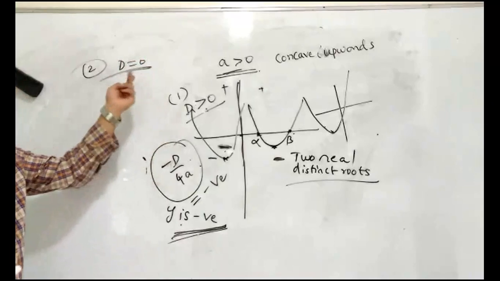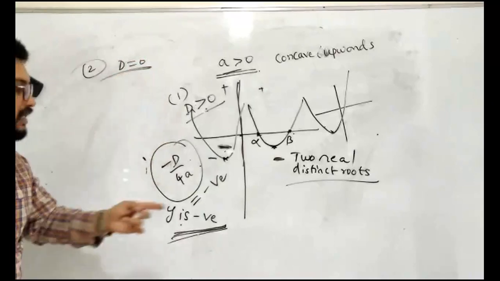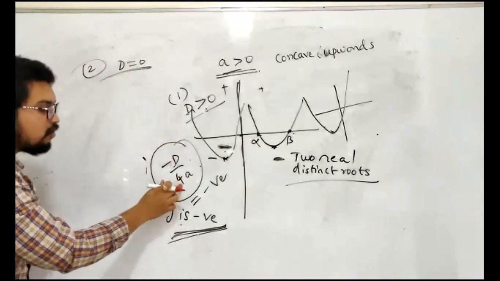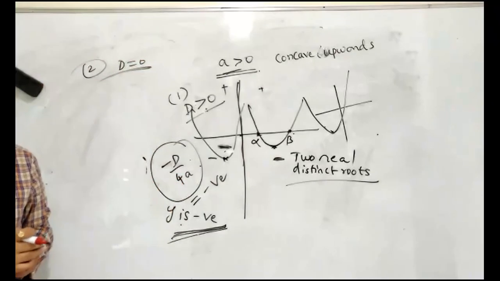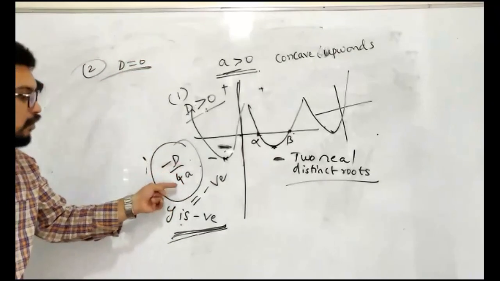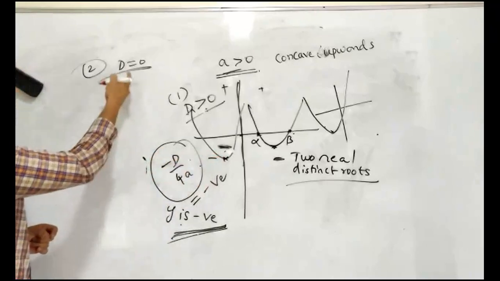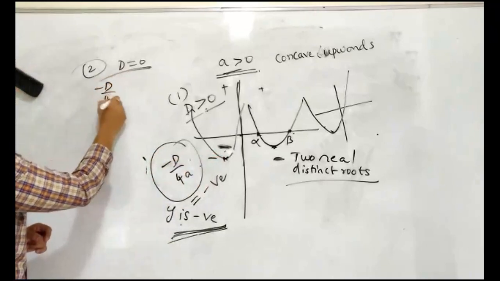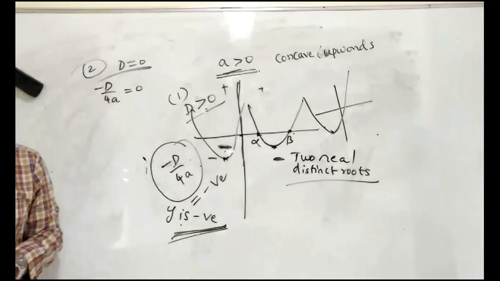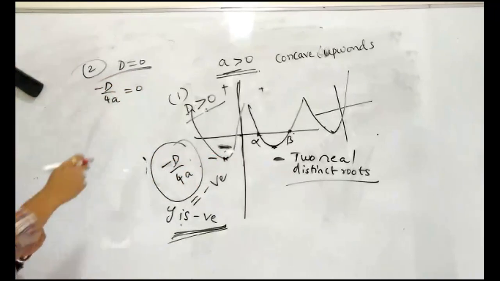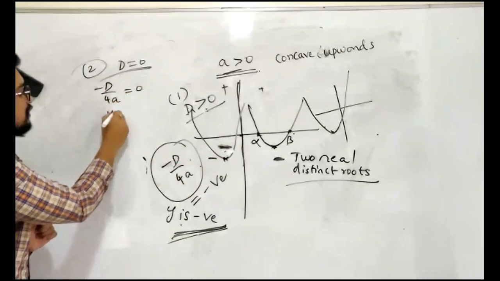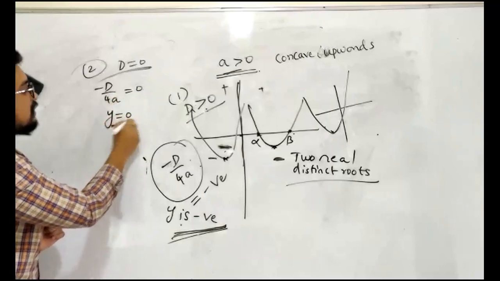What if d is equal to 0? What is the y coordinate of the vertex? If d is equal to 0, the y coordinate of the vertex is 0. If y is equal to 0, where will this point be lying?